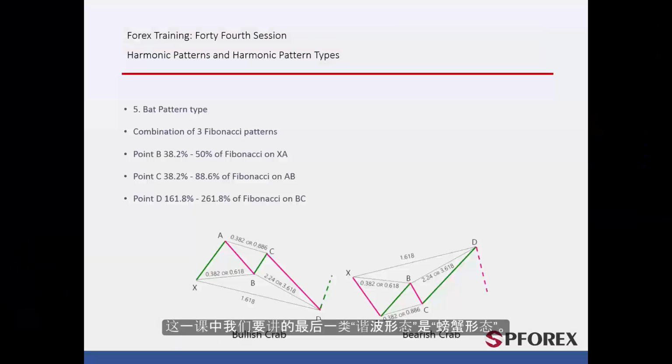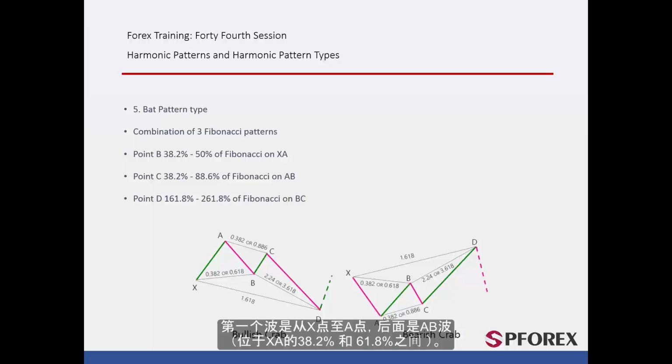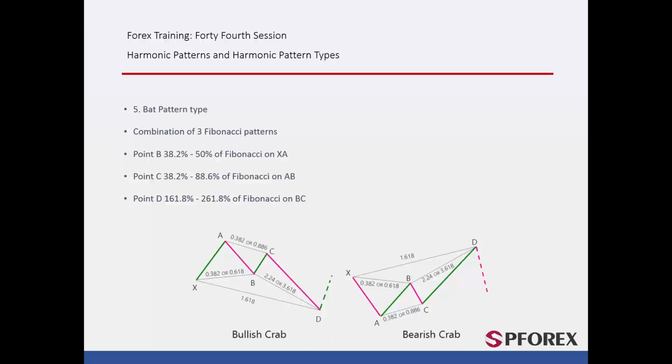The last type of harmonic pattern studied in this session is the crab pattern. The first swing is from X to A, followed by an AB swing in the region between 38.2% and 61.8% of XA. The BC swing, with opposite direction to AB, is in the area between 38.2% and 88.6% of AB.